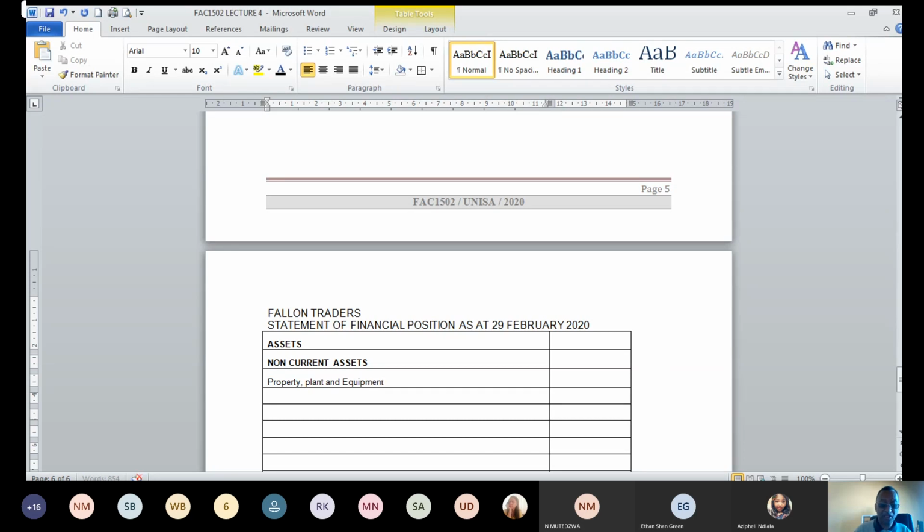You show the calculation of your property, plant, and equipment in brackets. We have got land and buildings of 360,000. We have got equipment of 90,000. And we have got vehicles here of 185,000.